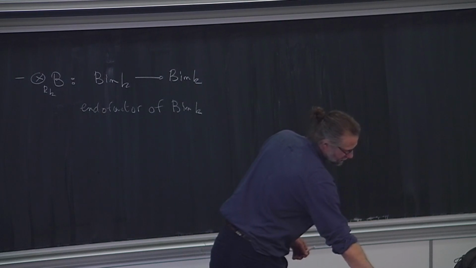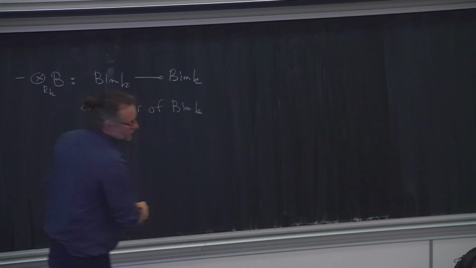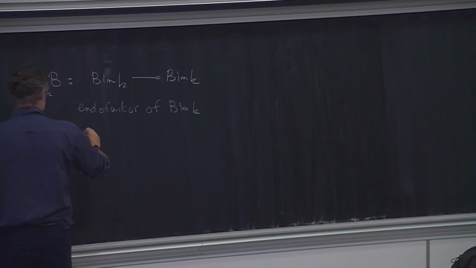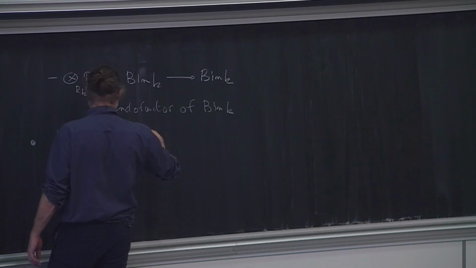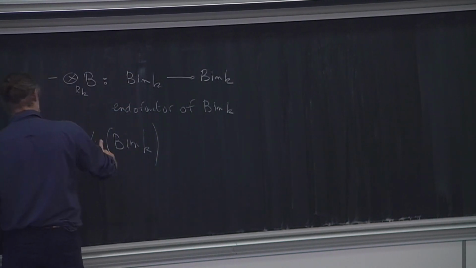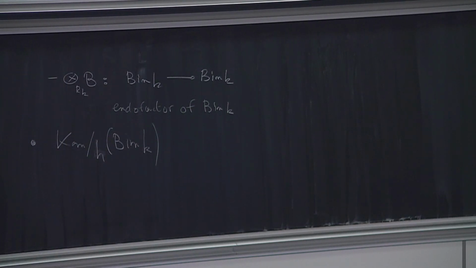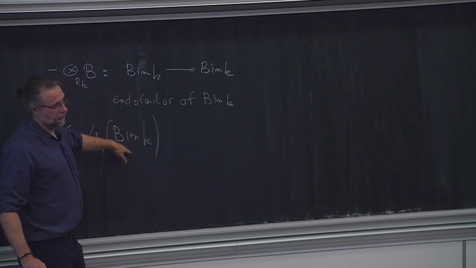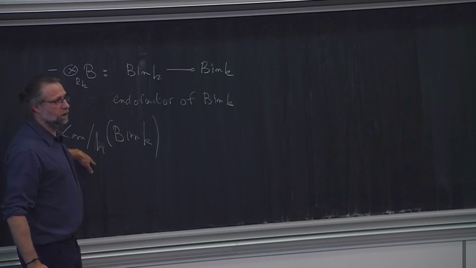Very good. Just so that I don't forget anything. Very good. My next notation will be that one. So com/h, which you used this morning? No, not yet. Okay, so these are complexes of RK bimodules modulo homotopy.